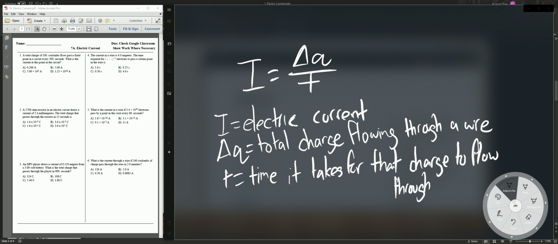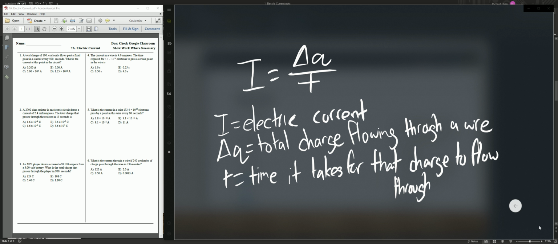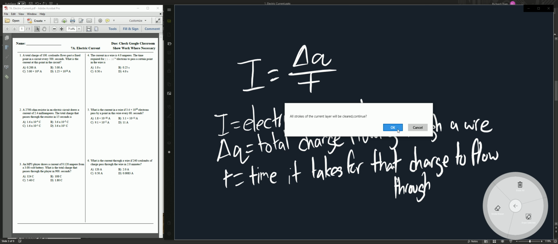You can pause it here if you want to take a closer look, because I'm about to erase it in 5, 4, 3, 2, 1.